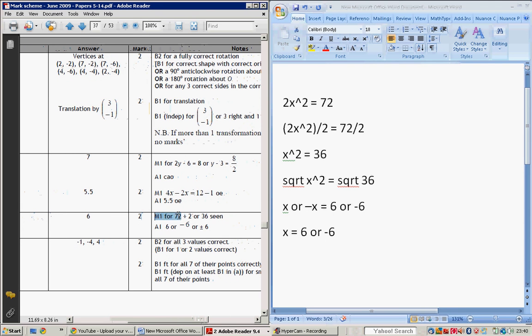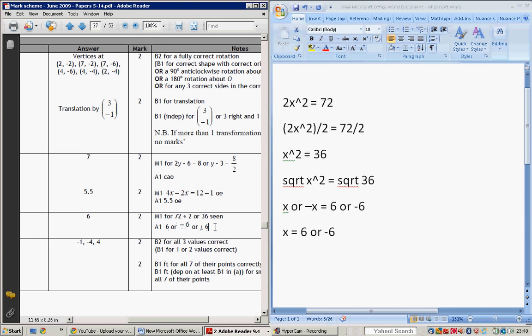And 1 mark for 72 divided by 2, or 36 seen. So if you wrote down 72 divided by 2 somewhere, or 36 somewhere, you would have gotten 1 mark. You get full marks if you wrote down 6 or minus 6 or plus or minus 6.